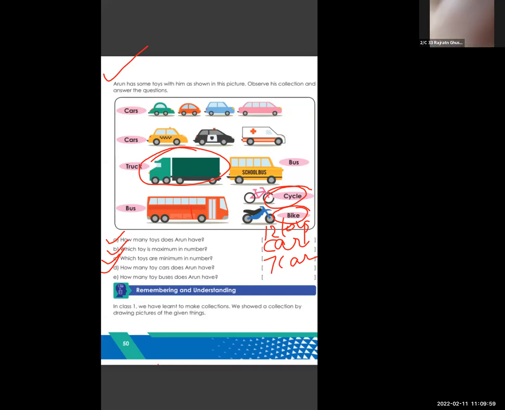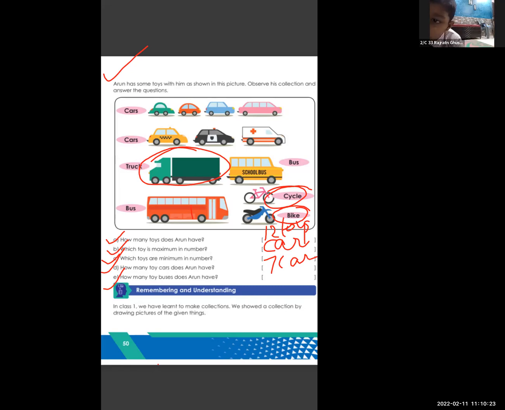Read E1. How many toy buses does Arun have? Arun के पास कितने toy buses है?